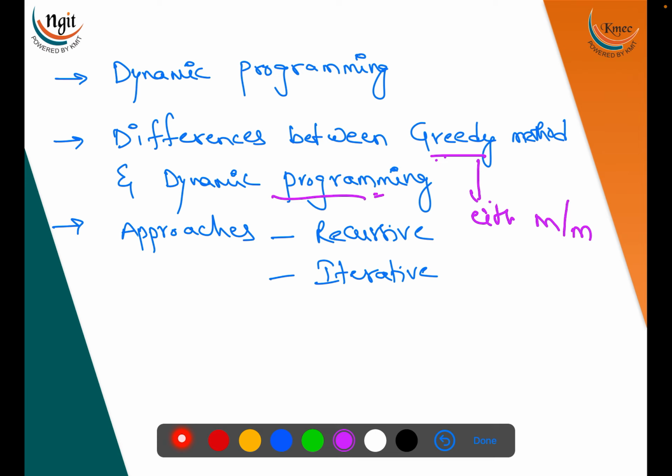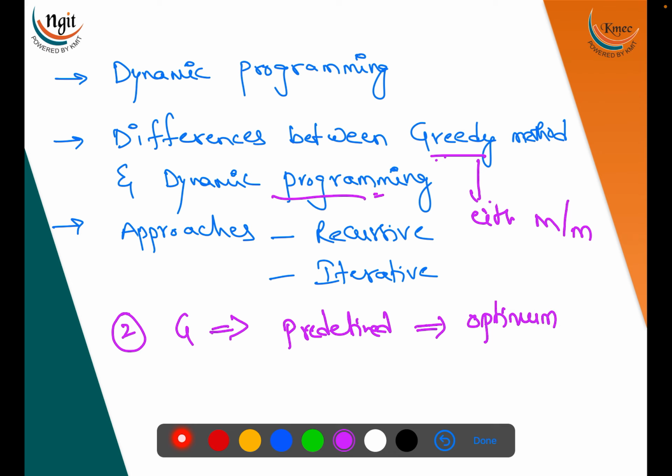And we also have another difference. The second difference is that in greedy method, we follow a predefined procedure to get the optimum solution. I'll give an example to understand this.